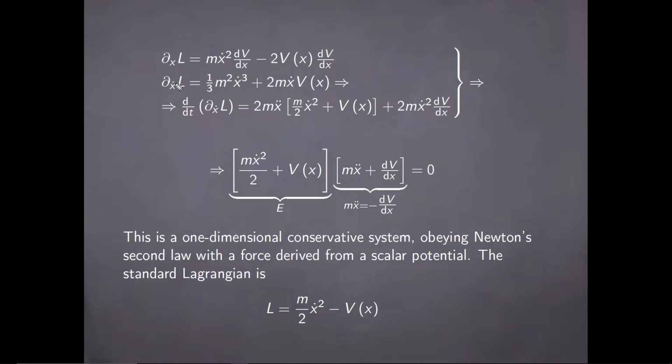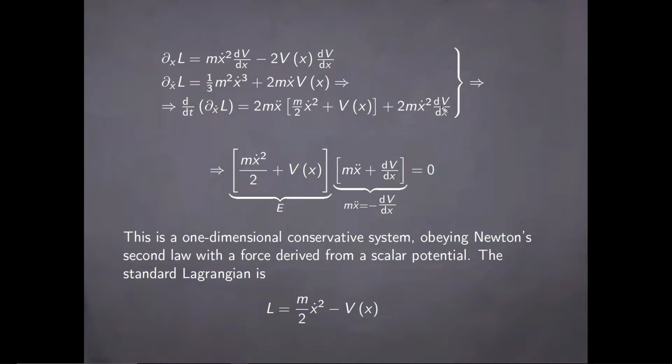So it's a straightforward job to find the partial derivatives of L with respect to x and the derivative with respect to time of x. The two expressions are here. Then I need to take the total time derivative of this quantity and I will obtain the result here.